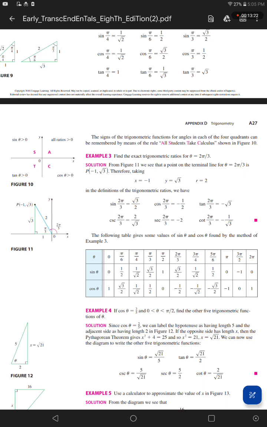And then for sine theta, there's 0, 1/2, 1 over square root of 2, square root of 3 over 2, 1, square root of 3 over 2, 1 over square root of 2, 1/2, 0, negative 1, 0. Cosine theta, 1, square root of 3 over 2, 1 over square root of 2, 1/2, 0, negative 1/2, negative 1 over square root of 2, negative square root of 3 over 2, negative 1, 0, and 1.